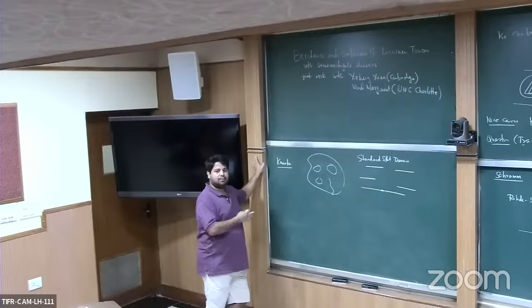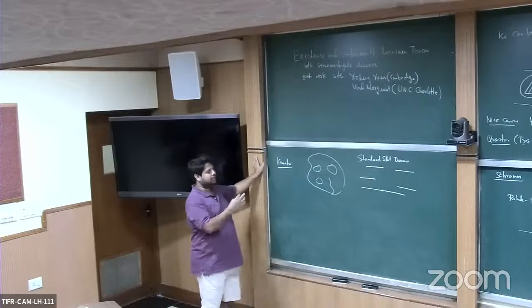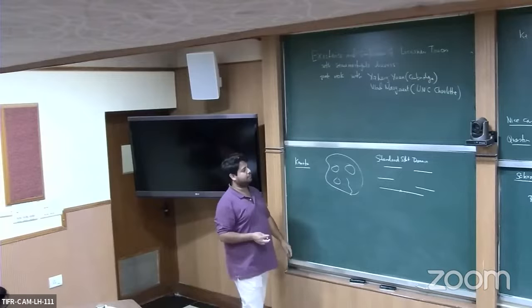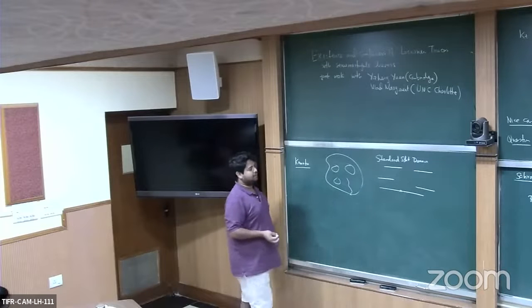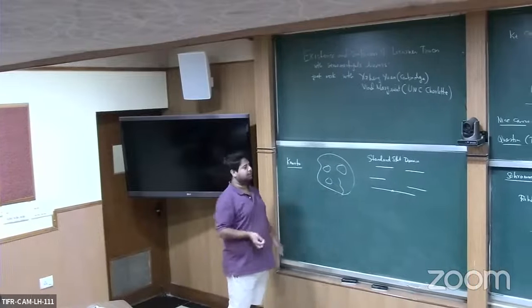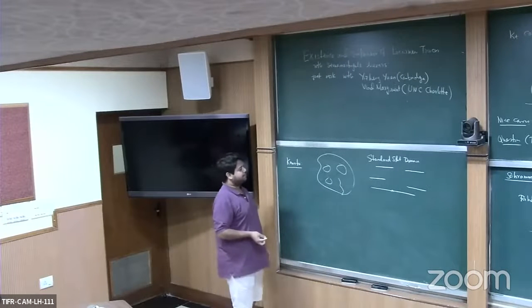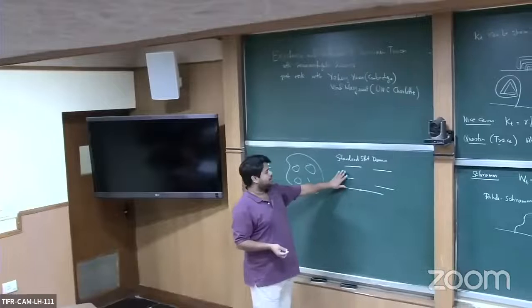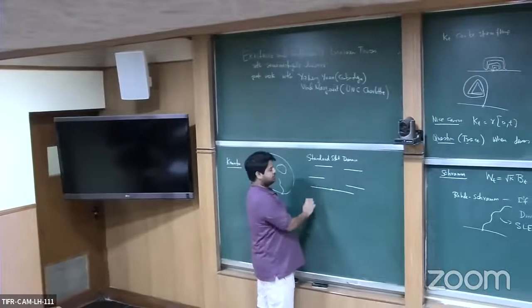Two annuli can be mapped to each other if and only if the ratio of their inner and outer circles are the same. So there's a well-developed theory which gives you the generalizations of the Riemann uniformization theorem for finitely connected domains. Now let's consider a finitely connected domain of this type.